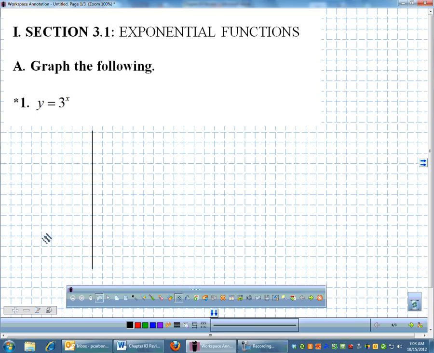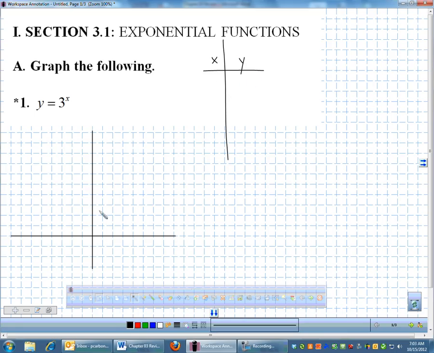Some of y'all on previous tests, when you were graphing, you just tried to straight up memorize everything, and you weren't really thinking about what graphing is or what you're supposed to be doing. Don't forget that if you can't memorize what the graph looks like, you always have the option of generating just the good old-fashioned XY table. If I plug in, say, 0 for x, 3 to the 0 power, because y is 3 to the x, 3 to the 0 power is 1, so I'll plot the point 0, 1.